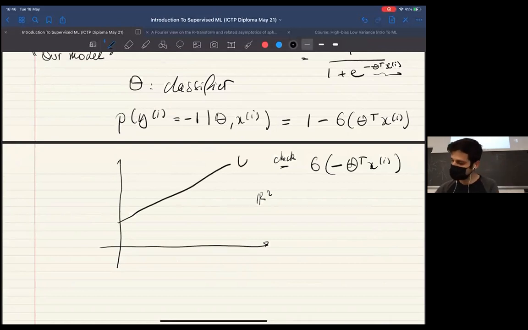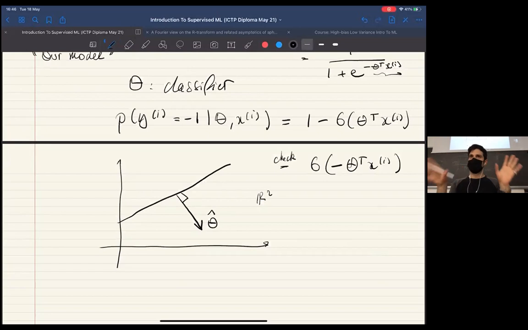This is the hyperplane associated with the classifier that we will have trained. I didn't tell you how to train it at the moment, okay? But let's say we will define a cost function that will allow us to find a good classifier, and let's say we found it, it defines this hyperplane in our p-dimensional space, in this case in R2.